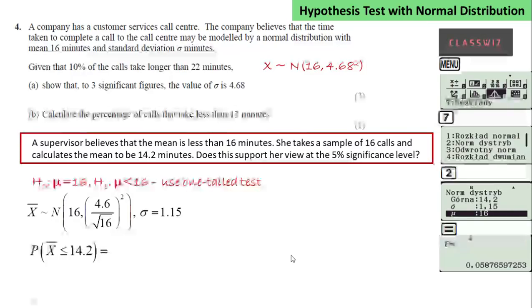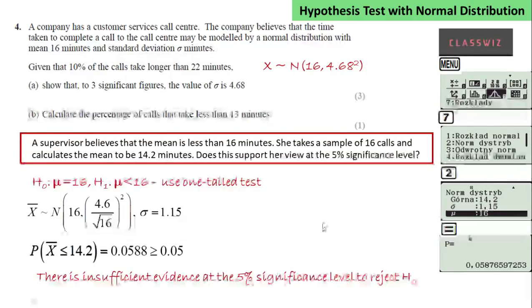Press the equals. We can see that probability is 0.0588. This is bigger than 0.05, and therefore in this instance there's insufficient evidence at the 5% significance level to reject the null hypothesis that mu is 16. Close, but no cigar.